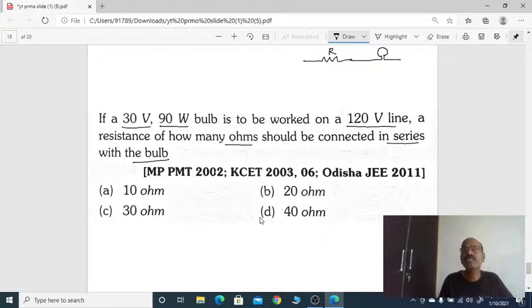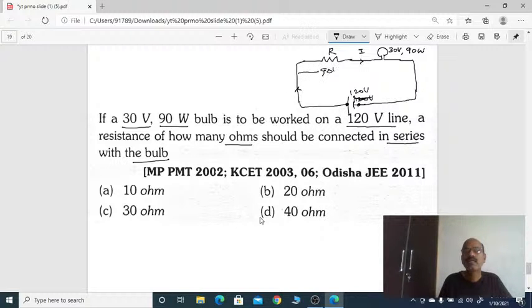So the bulb is given 30 volt, 90 watt, and it is connected to a 120 volt supply here. Now what is the current I flowing through?